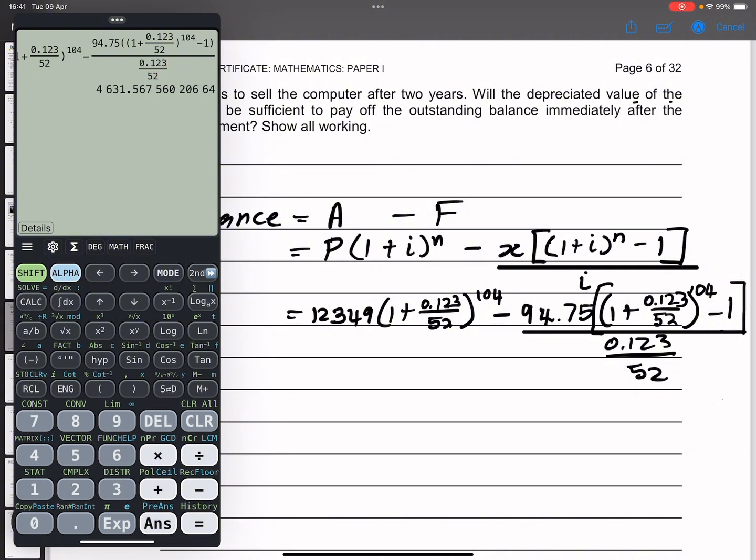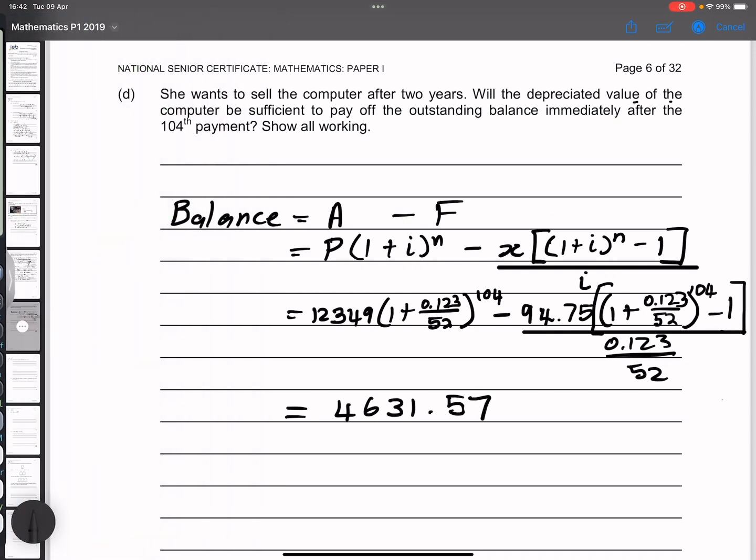All right, and what do we get for our final answer? I get an amount of 4,631 and 56, or well, let's say 57 cents. So that's the balance that I get.